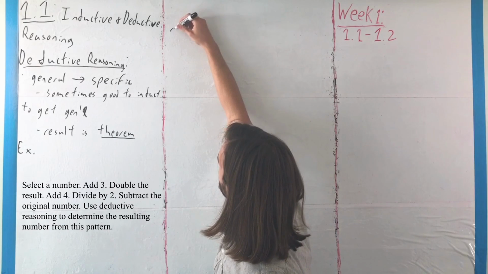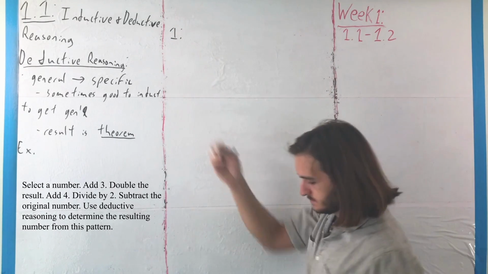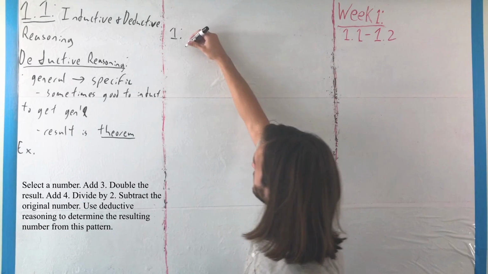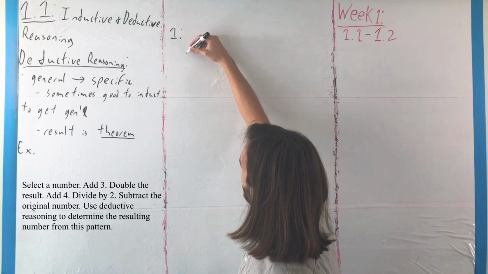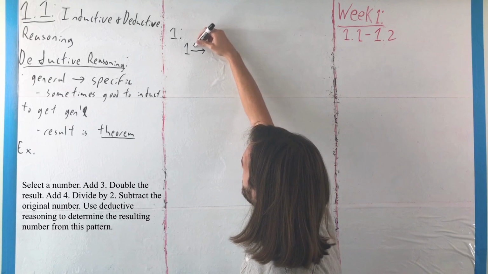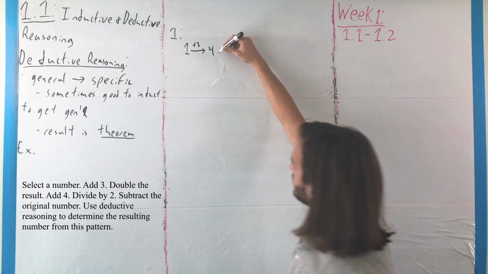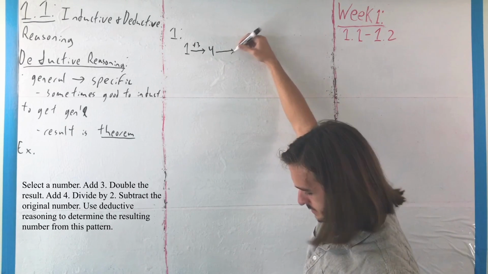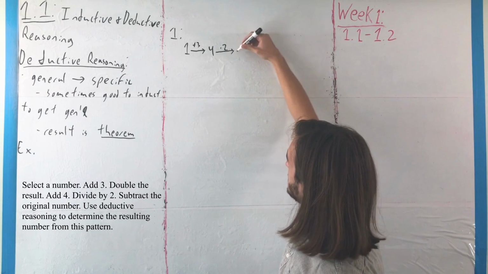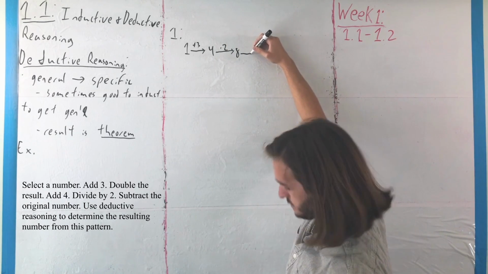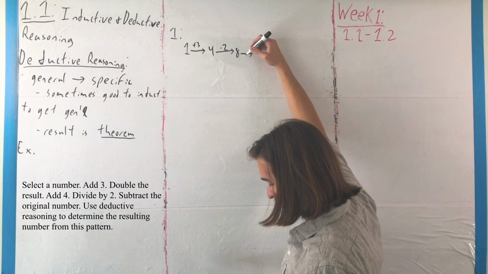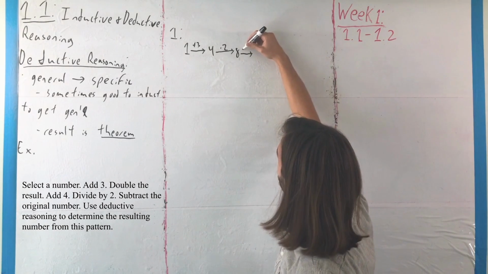So if we start with the number 1, what's going to happen here is we will take 1, then add 3. So I'm just going to draw arrows here, maybe a little bit loose with the notation. We'd get 4. Then what we're going to do is take 4 and double it. So multiply by 2, you get 8. Then the next step after that is we add 4.